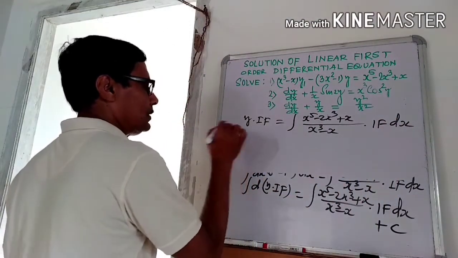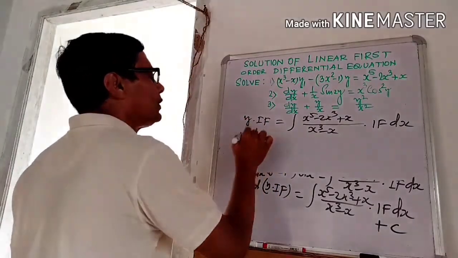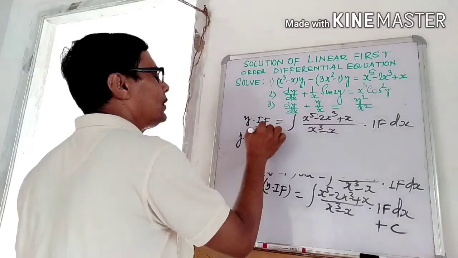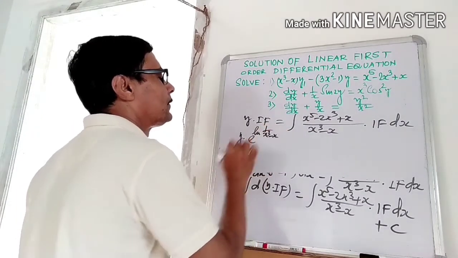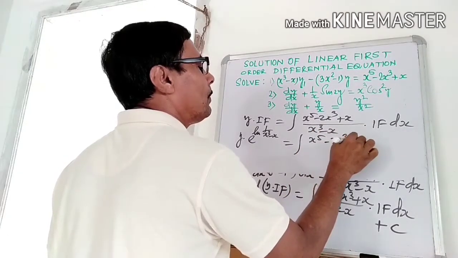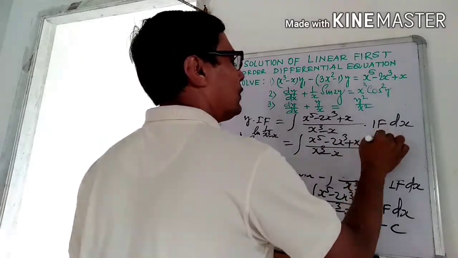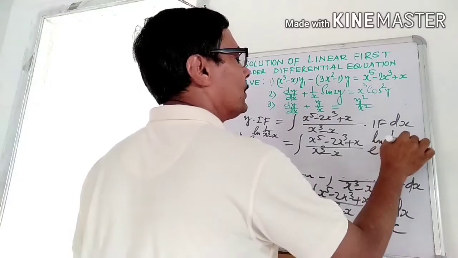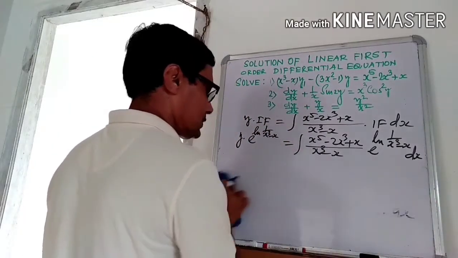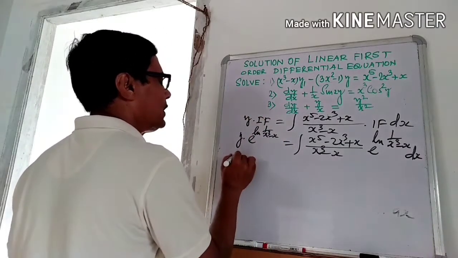That is, the IF is e to the power log of 1/(x³ minus x). Now e to the power log of this equals this.